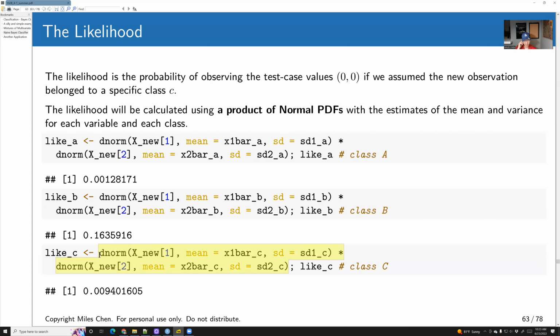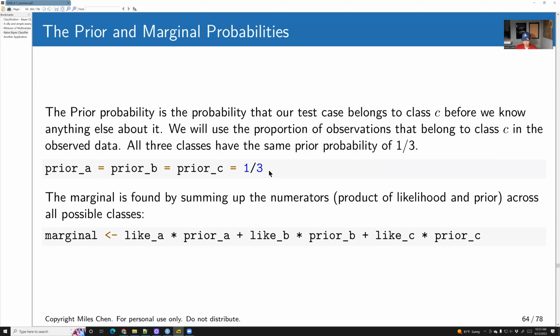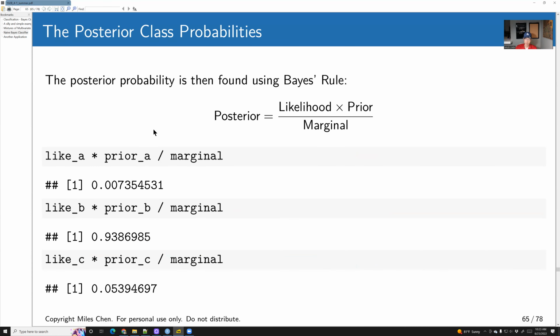We're using dnorm, and we're taking the product across two normal distributions, and we get this. This is my likelihood. My priors again are 1/3. The marginal is likelihood times the prior for all 3 possible classes. And then I do likelihood times prior divided by marginal.